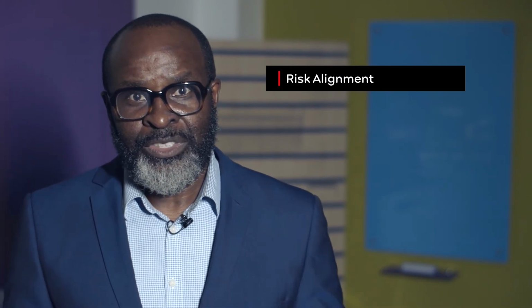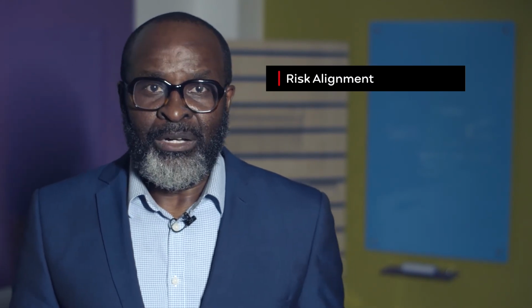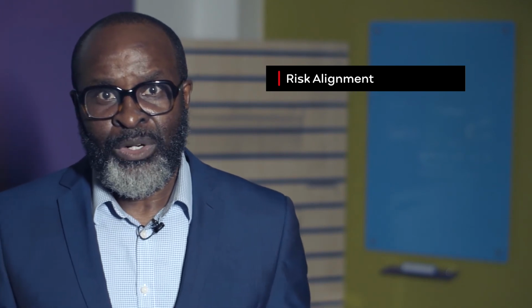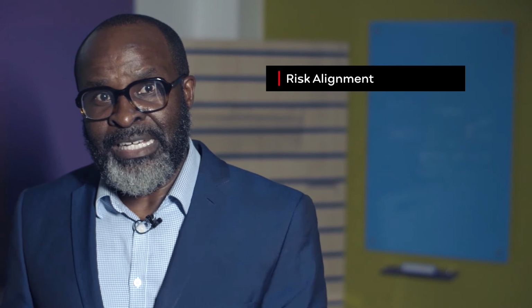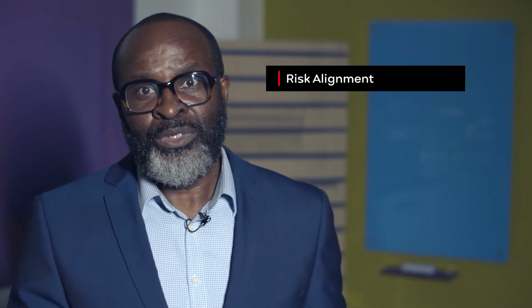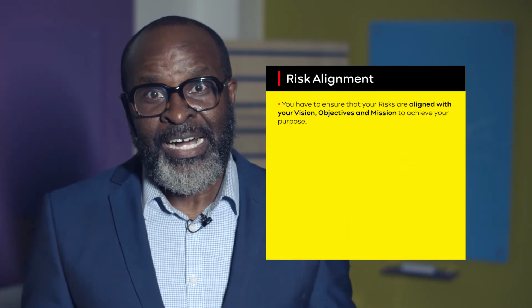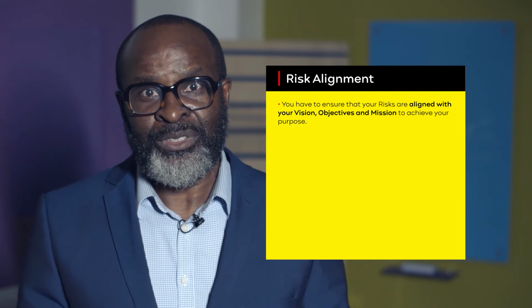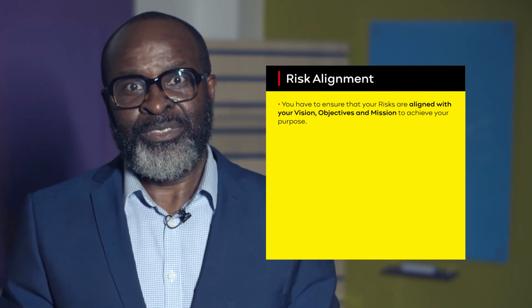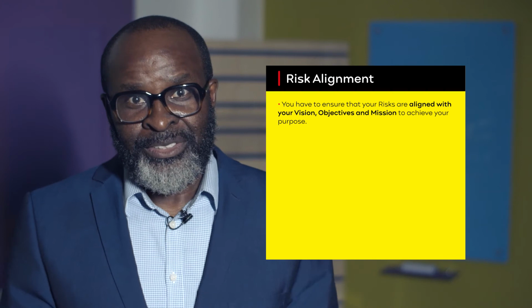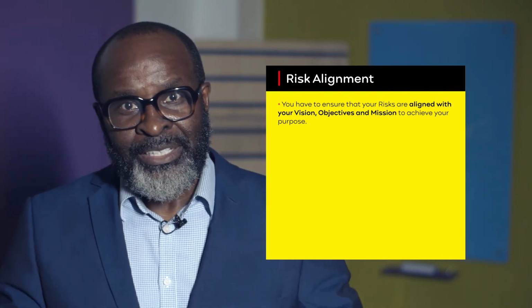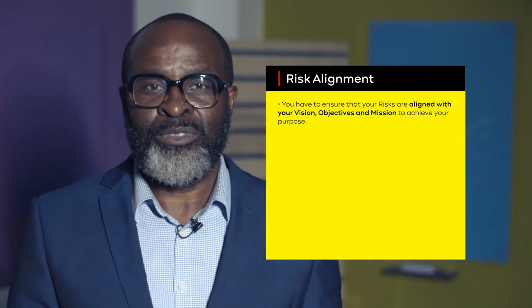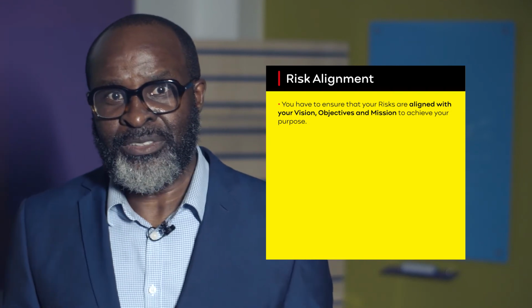Next, I want us to talk about risk alignment. What is risk alignment all about? Identifying risk, or knowing what risk is, is all well and good, but they don't stand in isolation. You've got to ensure that your risks are aligned to your vision, your objectives, your mission. This is your purpose. You've got to make sure that it's all interwoven within the reason for your existence.